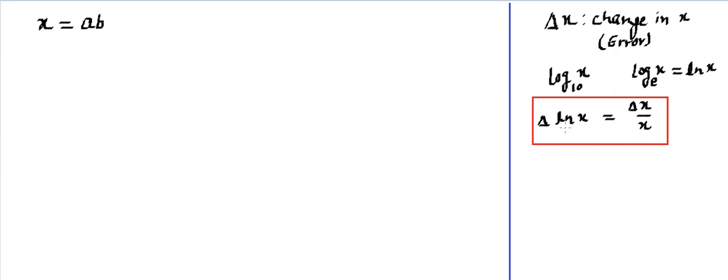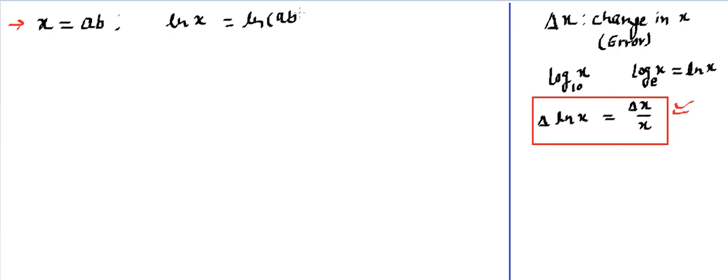Now if we use this expression, we will be able to justify how we can find delta x. Let's come to this and understand how we can find delta x out of it. To find delta x, we first apply the logarithm function on both sides. If we take log on both sides, we write log base e, that is ln. So it becomes ln x on the left hand side, and on the right hand side ln of a into b. ln is basically log.